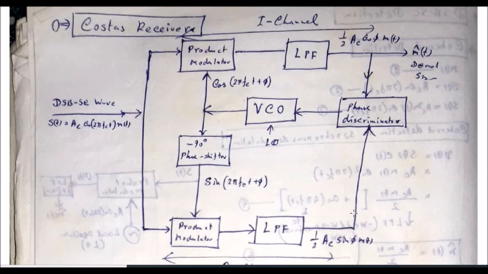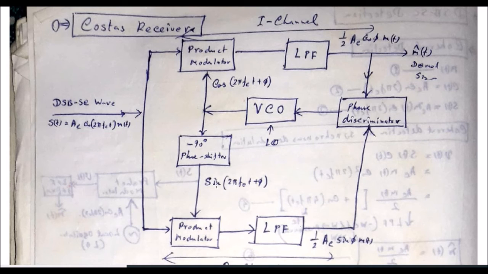Okay, see that in the upper side, this particular channel multiplies the received signal with the local oscillator's generated carrier signal, the in-phase carrier signal. That's why it is called the I channel or the in-phase channel. But in this channel we are multiplying the received signal with the quadrature of the carrier signal.